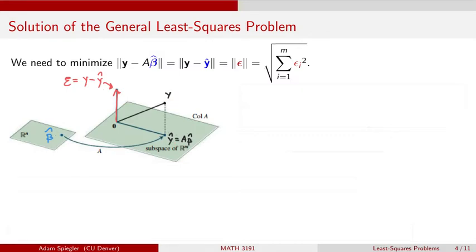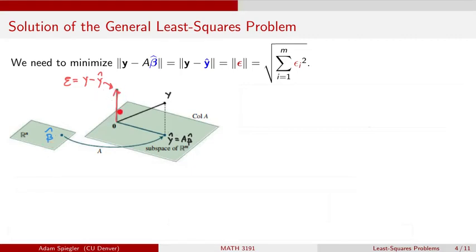And the way that we measure closeness is by looking at the complement to the orthogonal projection. So my prediction, y hat, is the orthogonal projection of y into this subspace. And the corresponding error is the distance of my prediction to the actual value. The solution to this least squares problem is going to be a vector of coefficients that we'll call beta hat that's going to minimize the sum.